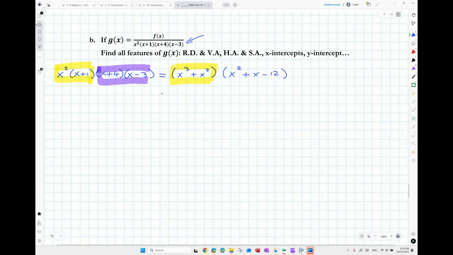And finally, I am going to distribute first the x cubed. I will have x to the fifth plus x to the fourth minus 12x cubed. Then I'm going to distribute the x squared. I will have x to the fourth plus x cubed minus 12x squared.